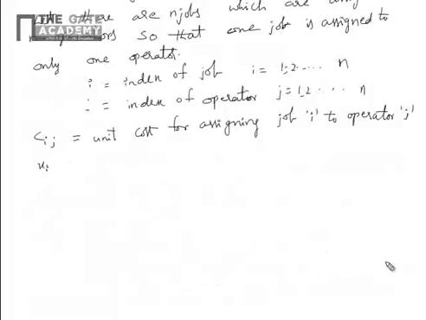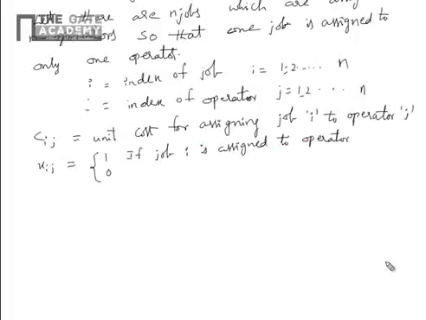Xij equals 1 if job i is assigned to operator j, and 0 if it is not assigned.